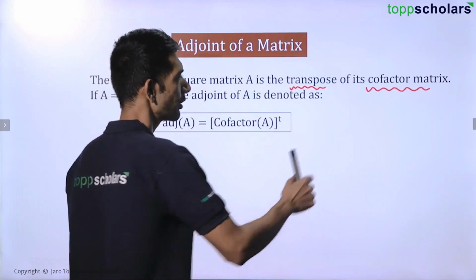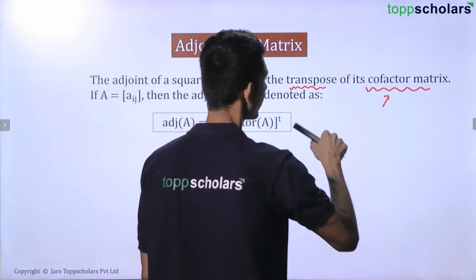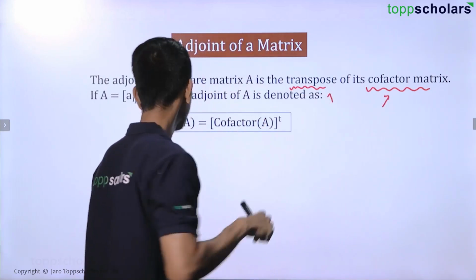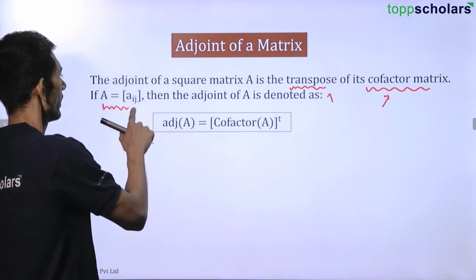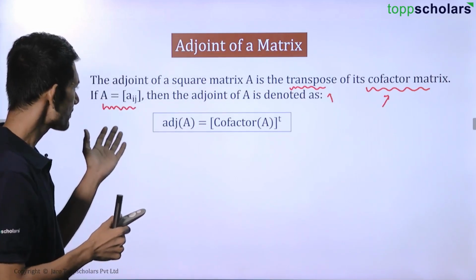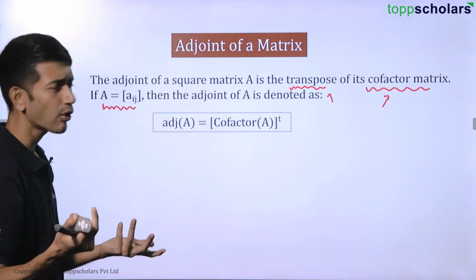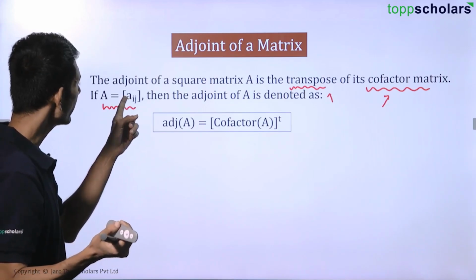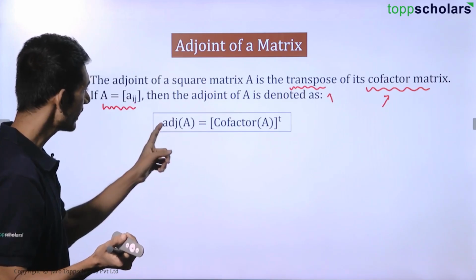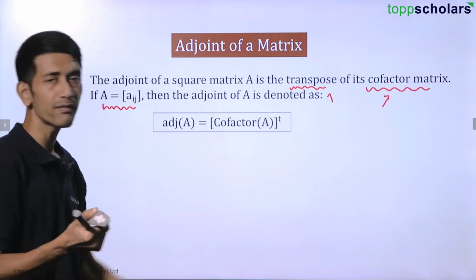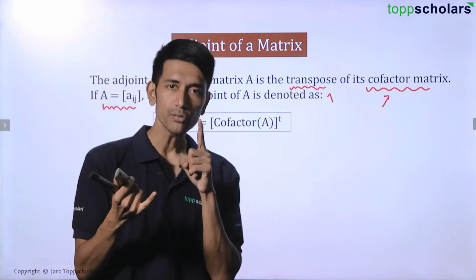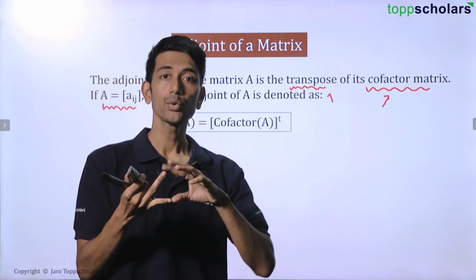First is the cofactor matrix, second is taking the transpose. So suppose A is a matrix of any order, say n, and it has the elements aij, then the adjoint of the matrix is given by the transpose of the cofactor matrix. So you need to find out the cofactor, you need to take the transpose.